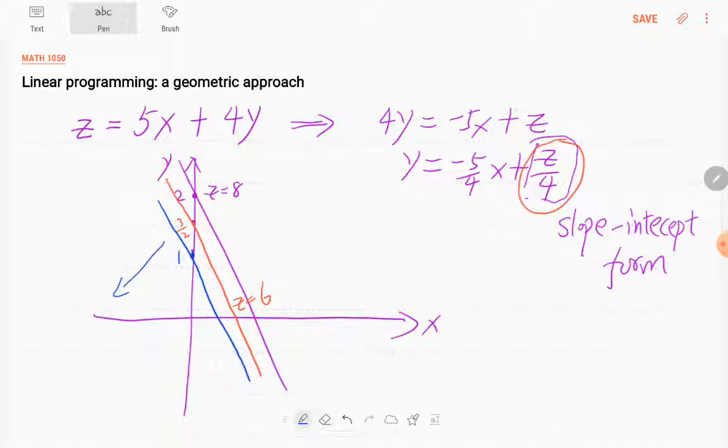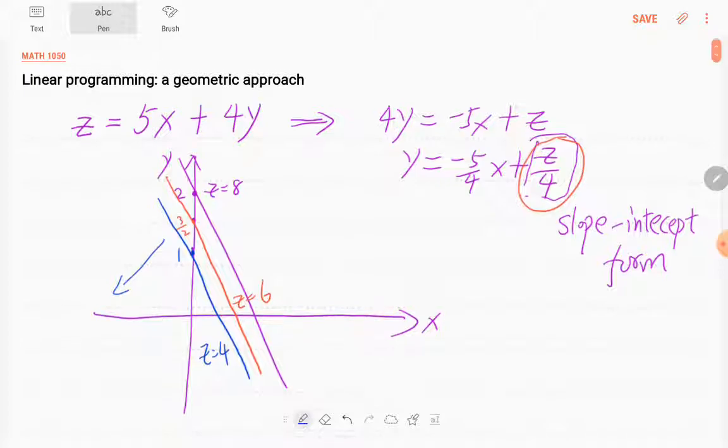Here this is z equals 8, the red line is z equals 6, and this is z equals 4. All the points on the blue line give z equals 4. All the points on the red line give z equals 6. For all the points on the purple line, the value of z is 8.